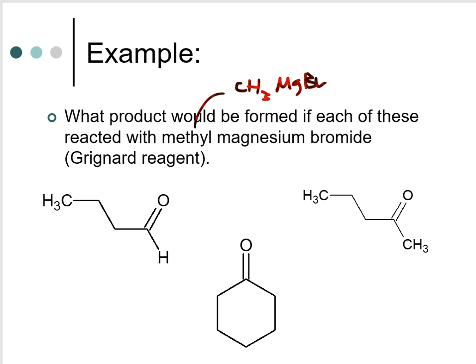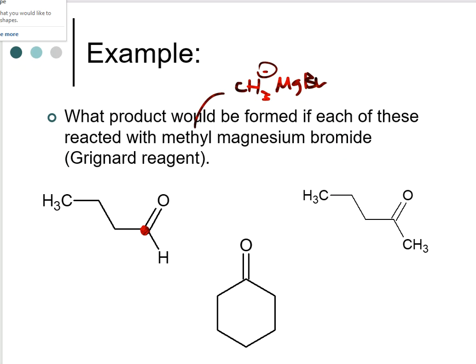So this is the reagent that we are going to use in the reaction with the following three compounds. This is the nucleophile that's going to come in and attack. That methyl group is going to attack the carbon of the carbonyl in each one of these cases, because remember, that carbon in that double bond to oxygen is the carbon we have to watch out for.